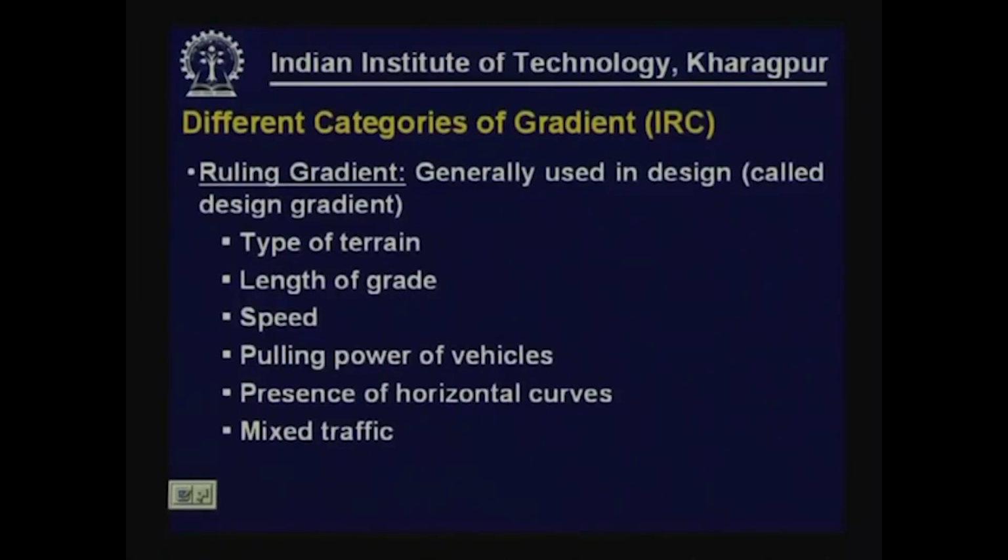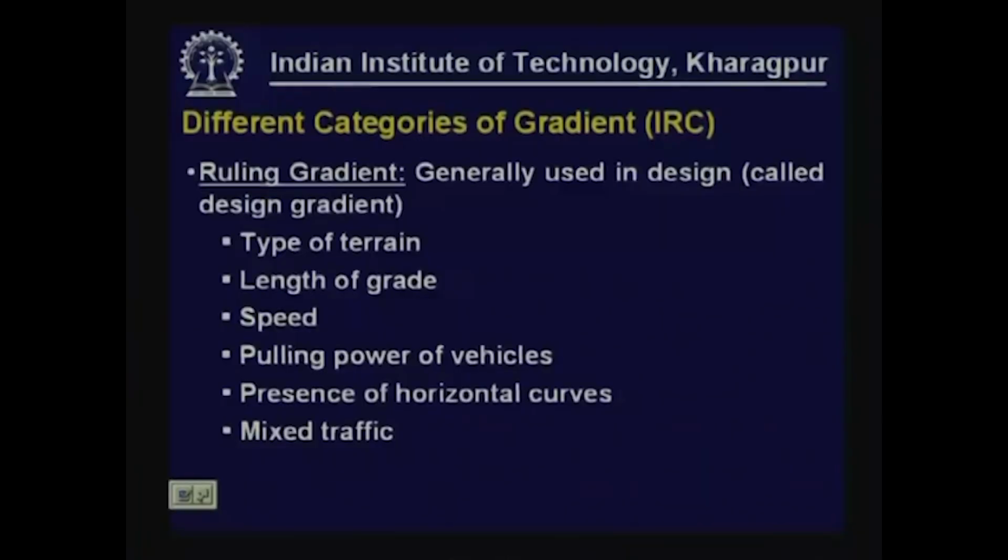Now, let us see different categories of gradient used in Indian context. IRC defines mainly 3 types of gradient. Of course, there is one lower limit also. So, if we consider them that way, there are 4 types of gradient. First is the ruling gradient.